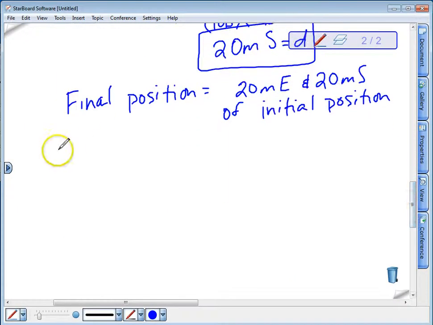Okay, let's look at some example problems. Let's just look at one.